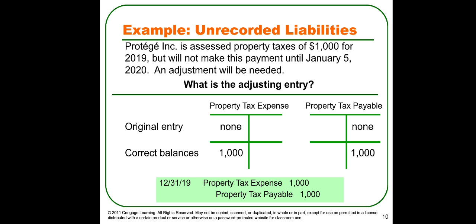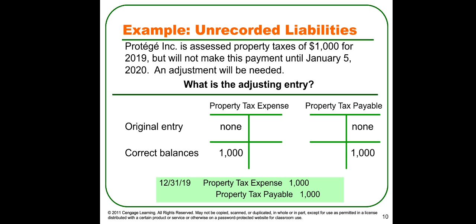So the thing that happened here is an expense increase. The second thing that happened is a liability also increases. Why does liability increase? Because the business has to pay something in the future. So in accounting, we use payable to record this kind of liability. So the second entry for this journal is credit property tax payable, 1,000.